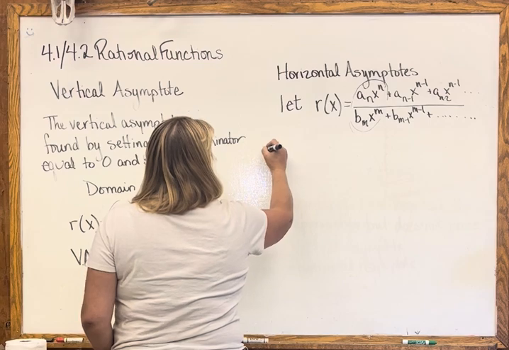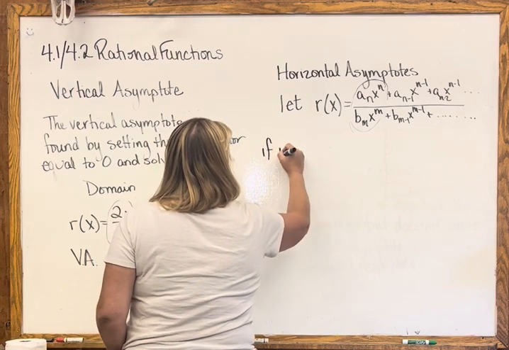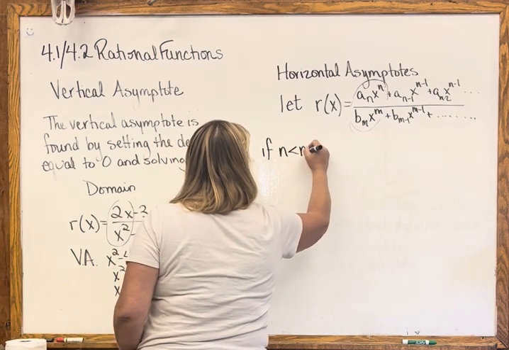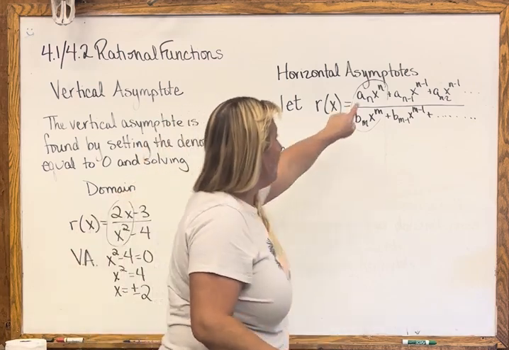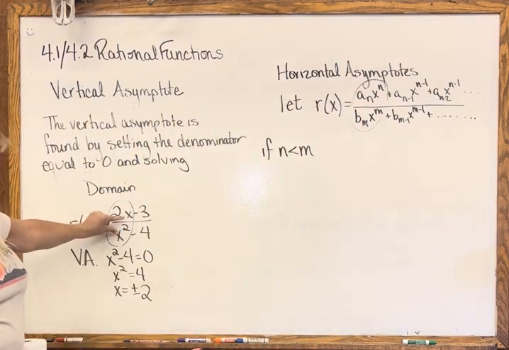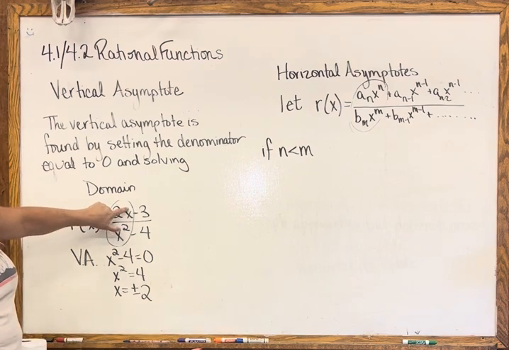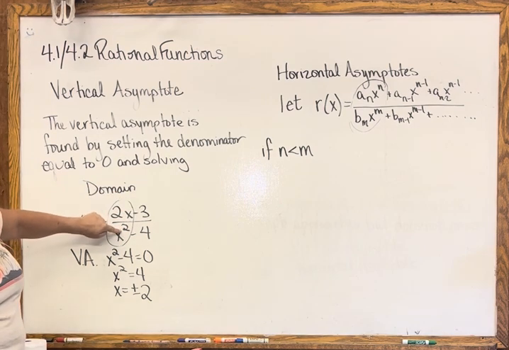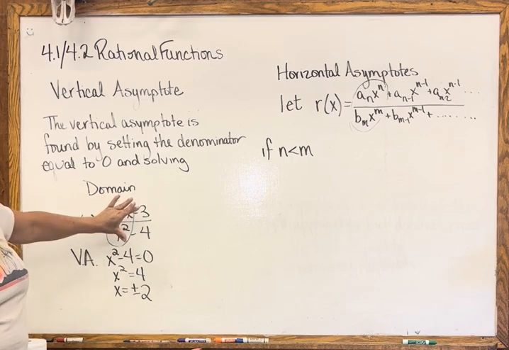So we say if n is less than m. So if the top degree is less than the bottom one, that's the situation we have here. The degree on top is 1, the degree on bottom is 2. So we're in this situation.